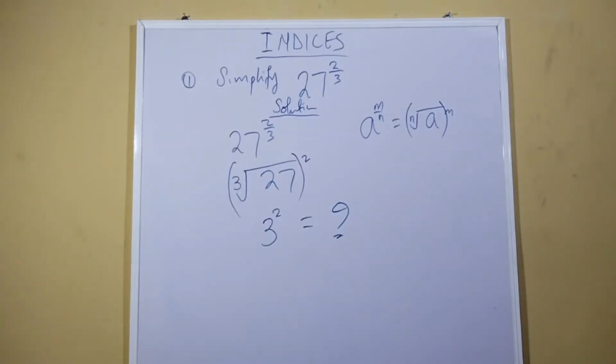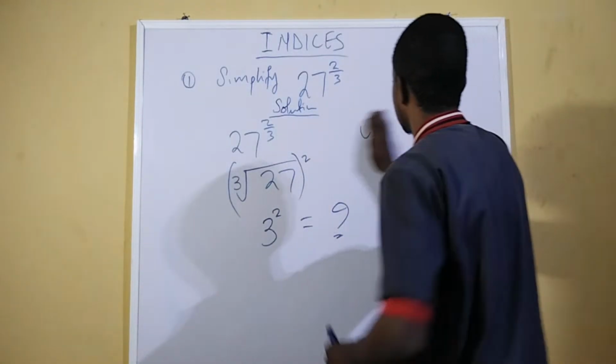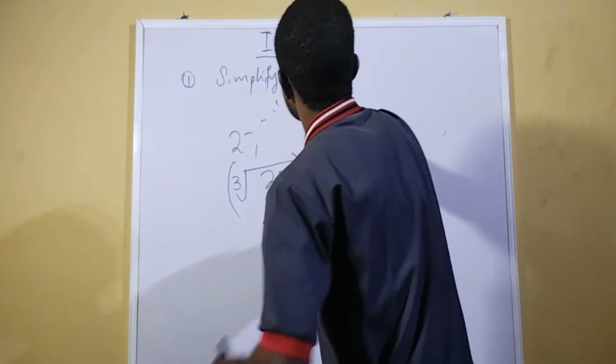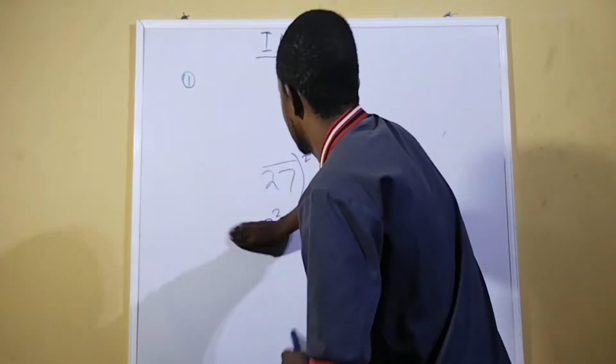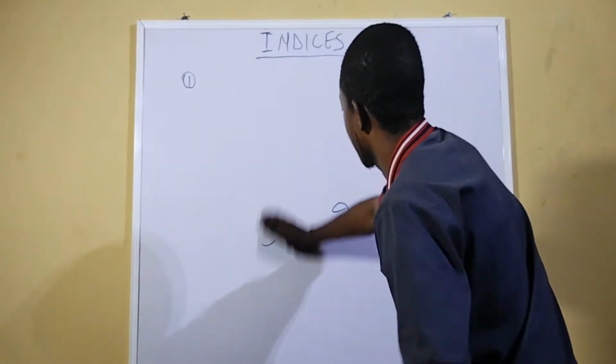Now let's look at another one here, which is also on the law of indices. We have number 2.